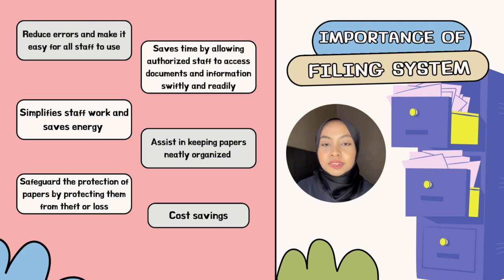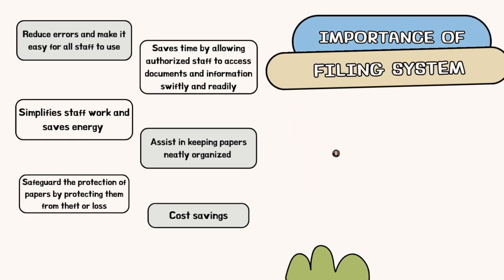It is also to safeguard the protection of papers from theft or loss, where a filing system can incorporate security features to keep sensitive information safe from unwanted access, such as theft or damage, both physically and digitally. Lastly, it is for cost savings by minimizing the time required to locate the records.